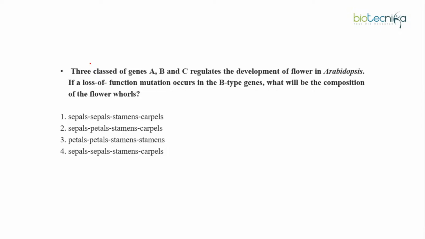Srishti, try. So they are saying that there's a loss of function mutation occurring in B type. So that means you just have A and C, right?